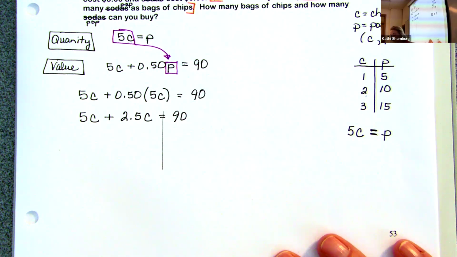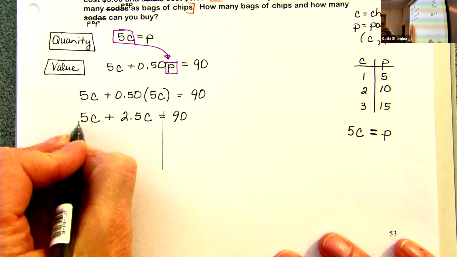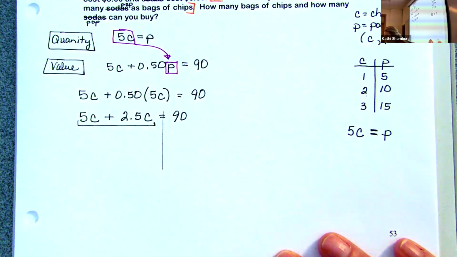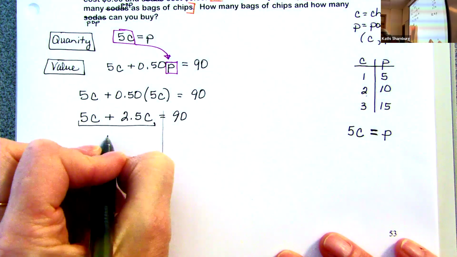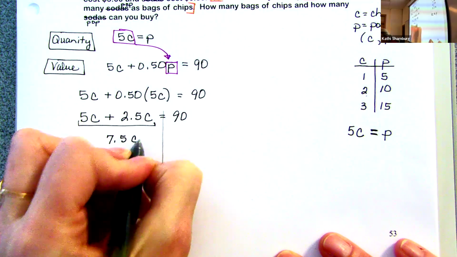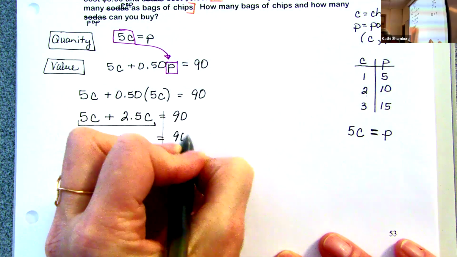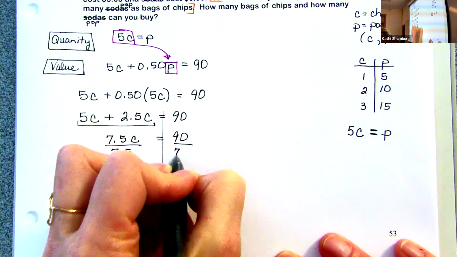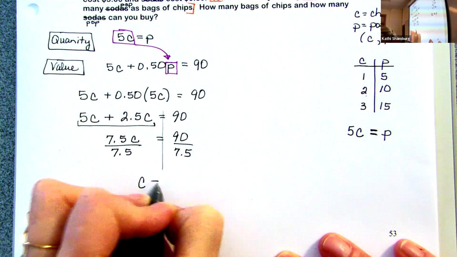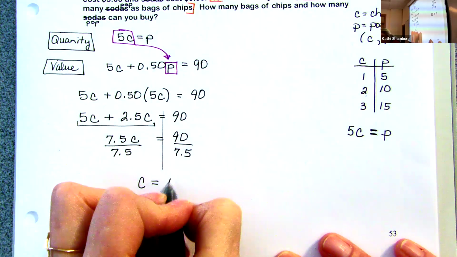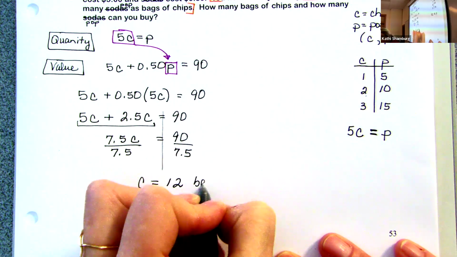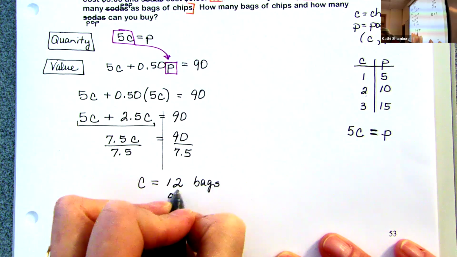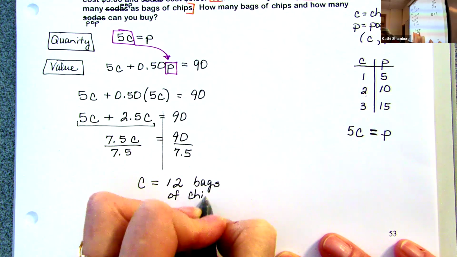No, I just combine those like terms, right? These are like terms. So 5 plus 2.5 is 7.5C equals 90. Divide both sides by 7.5. So how many bags of chips? So we need 12 bags of chips.